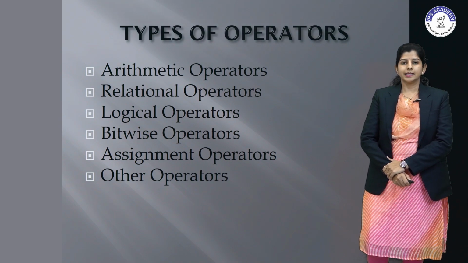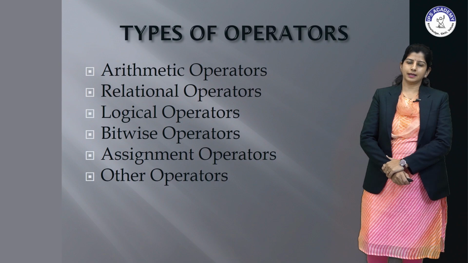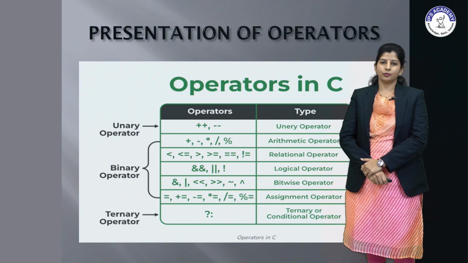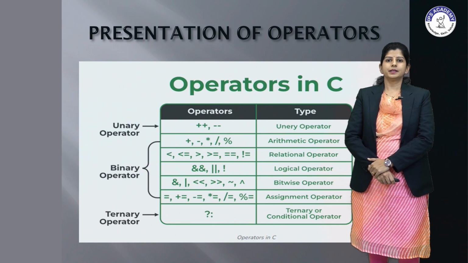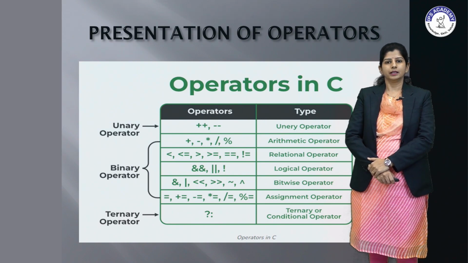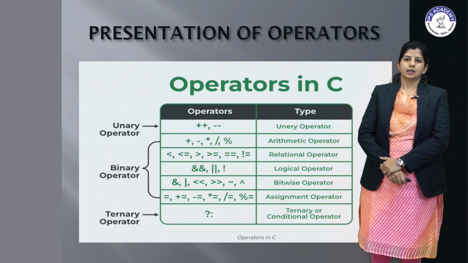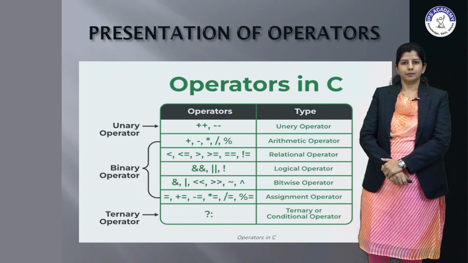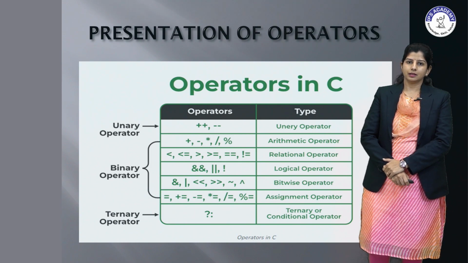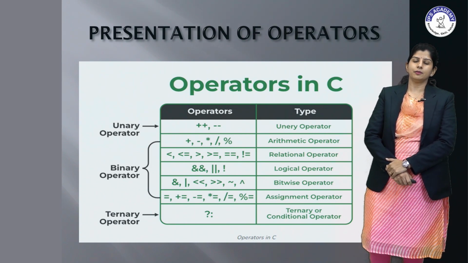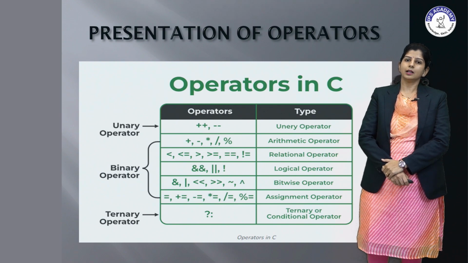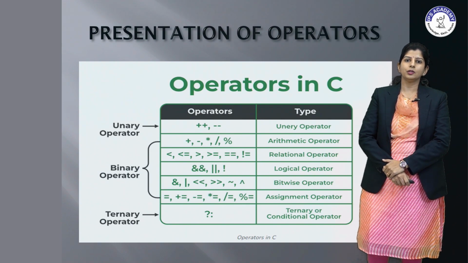We can discuss each and every operator according to its definition, syntax, and use in programming. This is a presentation of operators. Operators in C are basically divided by the number of operands. When an operator is used with a single variable, with a single operand, it is known as a unary operator.